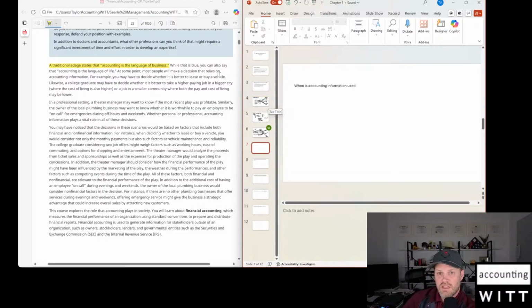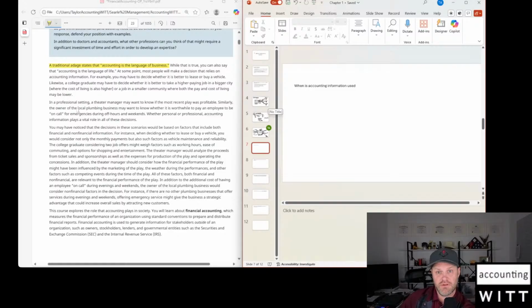So leasing or buying a vehicle, how do you make that decision? What are the metrics you use to decide what's good and bad? A college graduate might have to decide whether it's better to take a high-paying job in a big city or a lower-paying job in a smaller city.